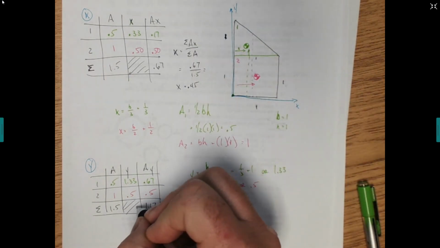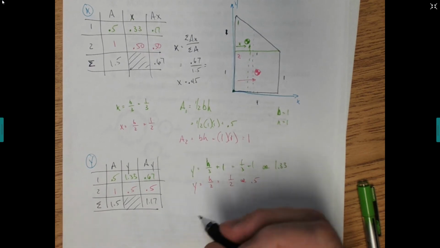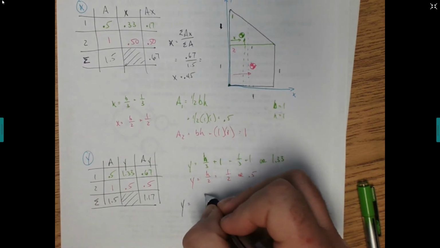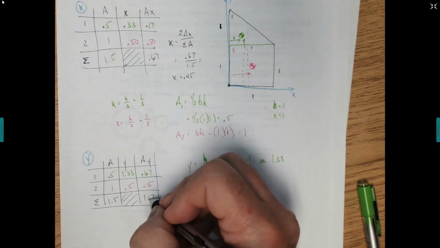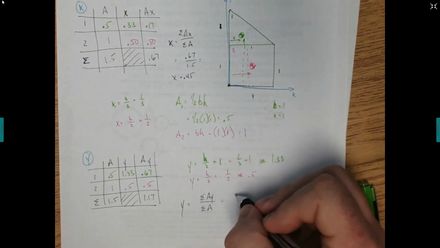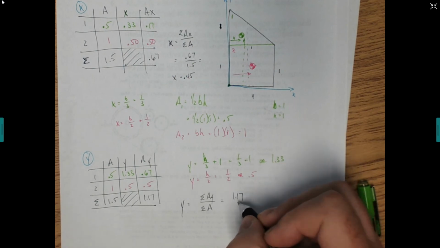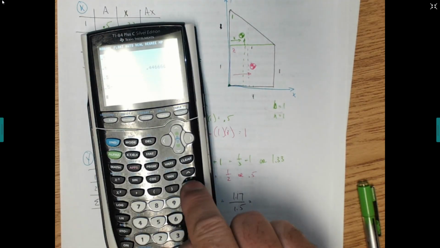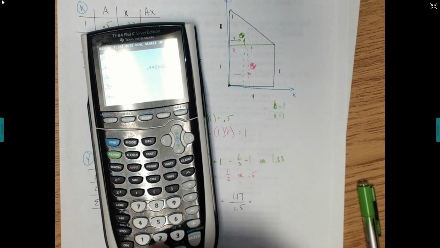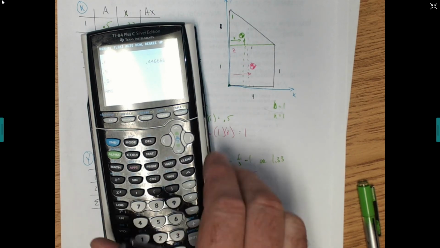Remember, we don't use this guy. And now my y is the sum of the ay's over the sum of the a's, the sum of this column divided by that column. So it's 1.17 divided by 1.5, and we get 0.78.